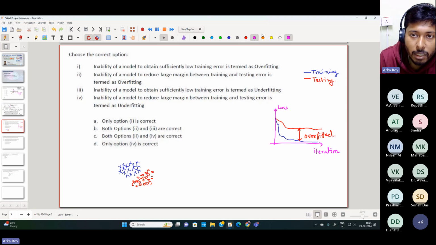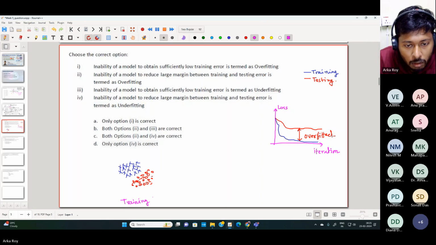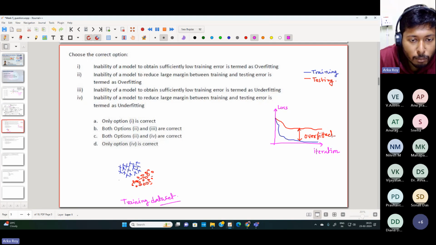So in some cases, what happens is that your model, while training, so this is your training data set. While training the model, let us consider the ideal decision boundary will be something like this, so that you can get very good classification accuracy.